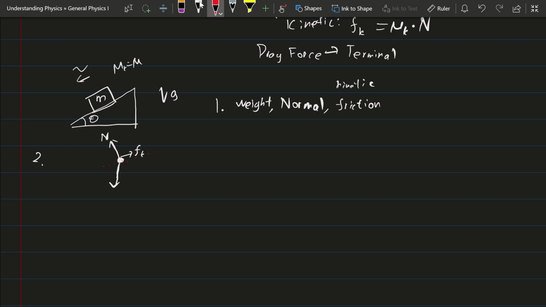Why is that? Because we know that the movement in the y direction, in here, this will be the y, this will be the x, should always be constant, and so that means that its force should total to 0.